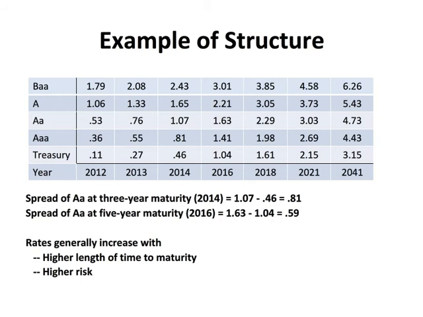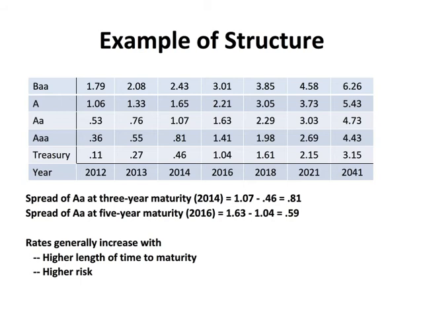This is from October 2011, so these are showing an example of structure in 2011 using data on treasuries and municipal bonds as taken from the Wall Street Journal. At the bottom of the blue, we have 2012, 2013, 2014 again. 2012 is 1 year ahead, 2013 2 years, 2014 3 years.